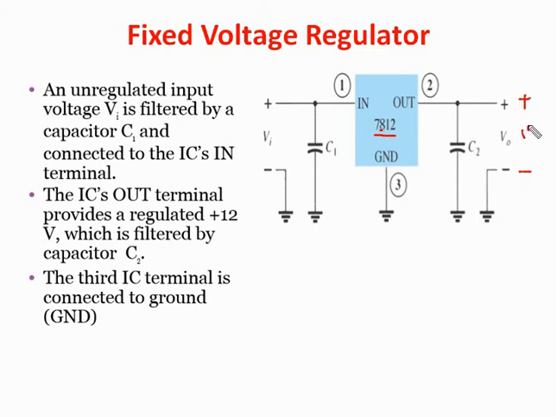So here we get the 12 volt positive voltage. So pin 1 of the IC 7812 is connected to the input voltage, the output pin is connected to the load, and the third terminal is the common, connected to the ground. So these are all connected together to make the ground.